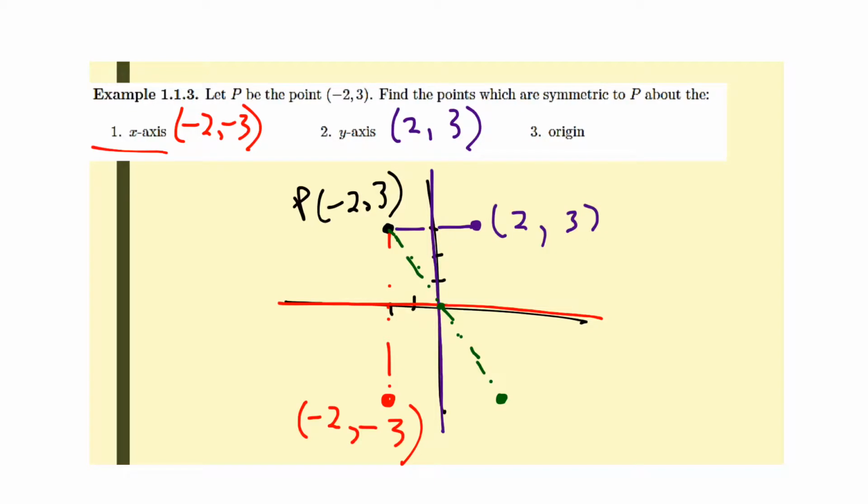I'm rotating this dot 180 degrees about the origin, and it's going to wind up over here. So that's going to negate the x, it's going to become positive, and negate the y, and that's going to become negative.